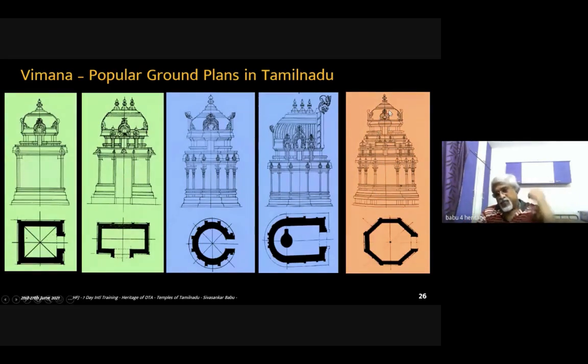So if the entire Vimana from bottom to top consists of the same shape, this is called the Shuddha Vimana. Or if it is mixing 2 or 3 shapes, it is called the Mishra Vimana. So when you see a square shape all along, then it is a Shuddha Nagara Vimana.